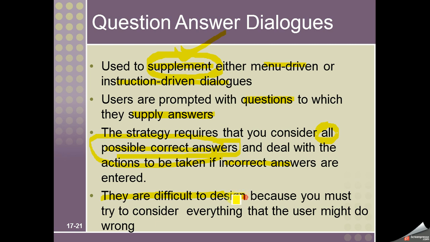So they are very rigid, they are very difficult to design, and they are not as flexible as, let's say, menu-driven or instruction-driven interfaces. So that is why they are not used as a standalone style for designing the information system.